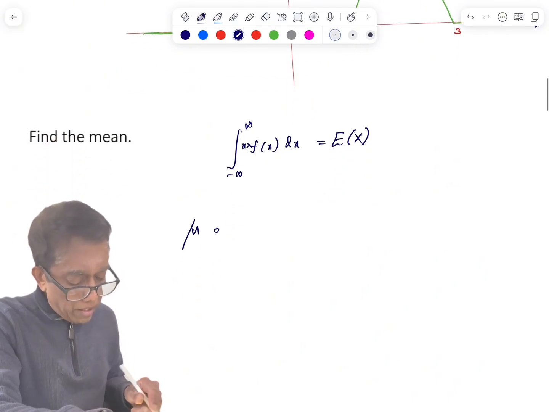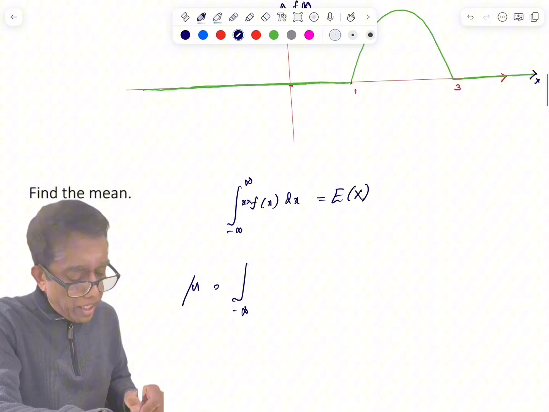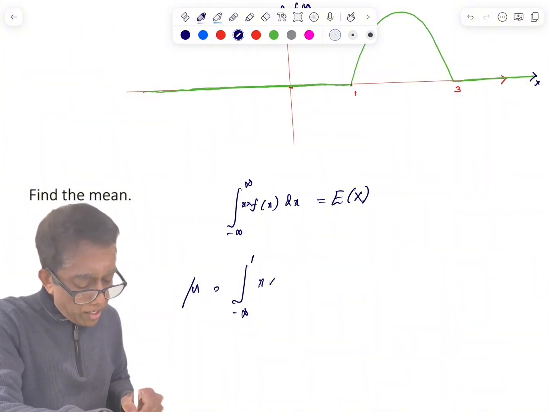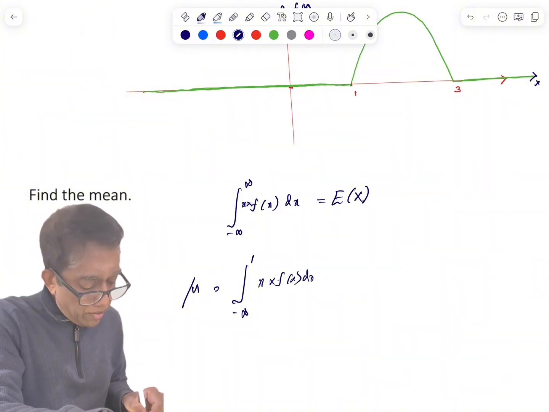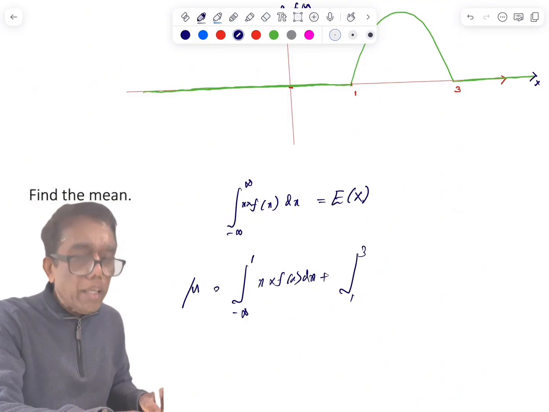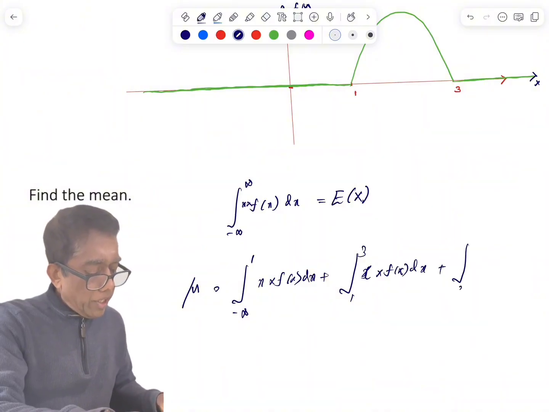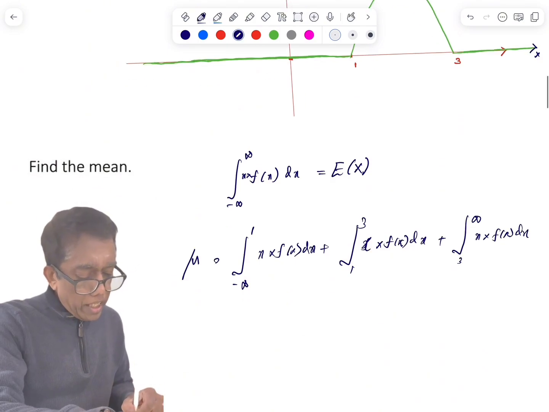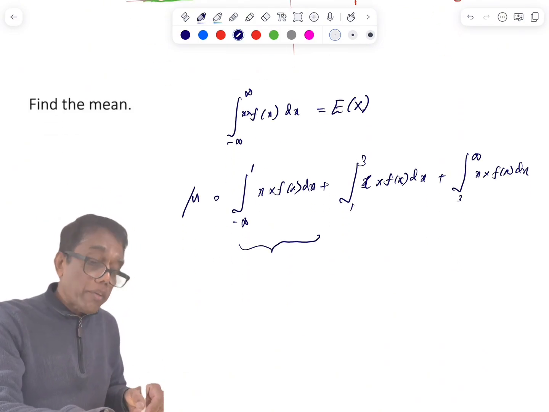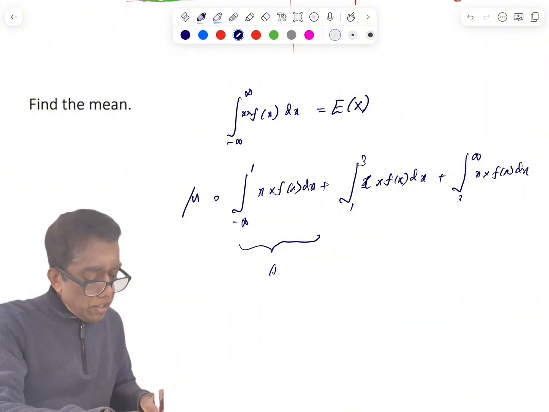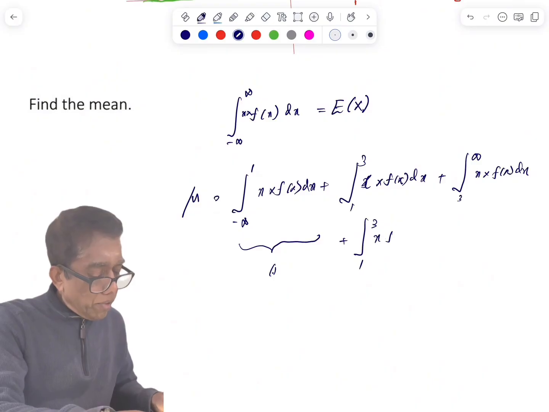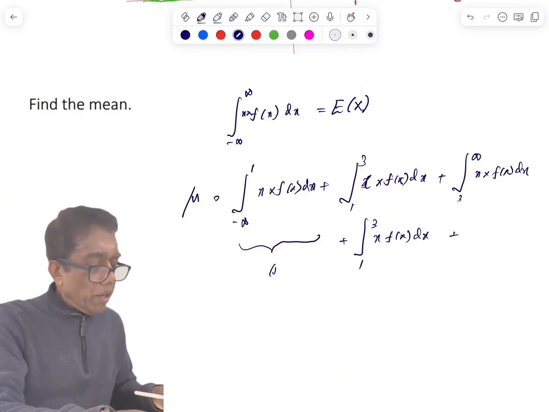That means mu is equal to the integral from negative infinity to 1 of x f(x) dx plus 1 to 3 of x f(x) dx plus 3 to infinity of x f(x) dx. According to the definition, it's a hybrid function, so this is 0, this one is 1 to 3 of x f(x) dx, and the other part is 0.